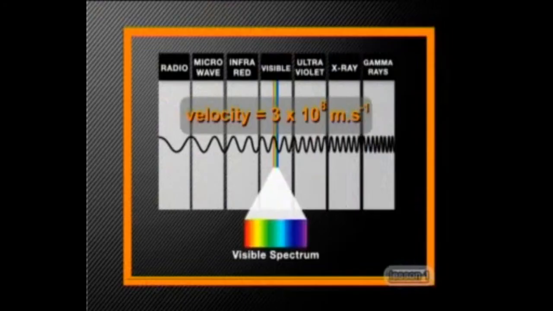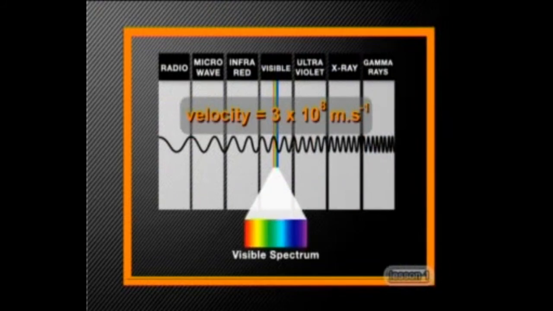The charged particles in the sun oscillate with different frequencies, and so they produce a range of electromagnetic waves, all with different frequencies and wavelengths. This range of electromagnetic waves is called the electromagnetic spectrum.